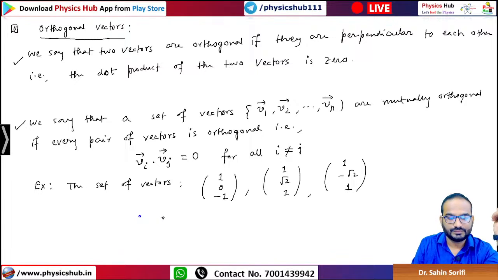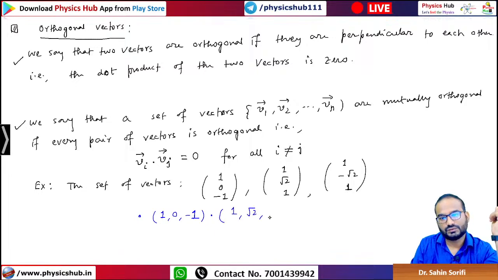Like if you take the dot product of 1, 0, minus 1, you can write it in terms of vectors. Then you can check the dot product with 1, root 2, 1. Dot product means 1 into 1, 0 into root 2, minus 1 into 1, and plus.